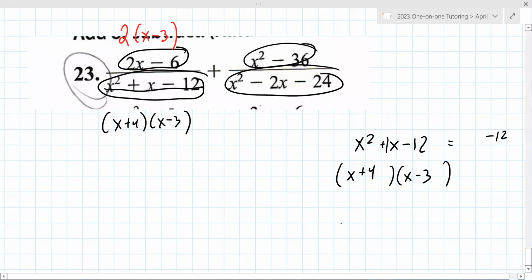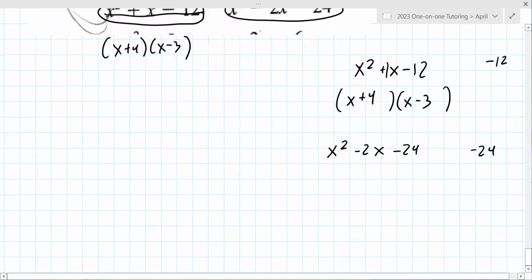So the next one I want you to look at now is the one on the lower right, x squared minus 2x minus 24. Two numbers that multiply to minus 24, but add to -2. A little bit tougher, but you can do it.